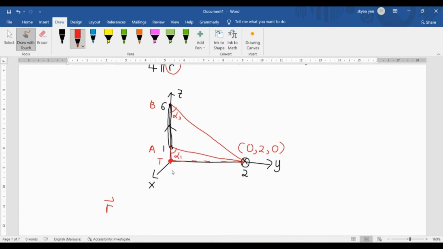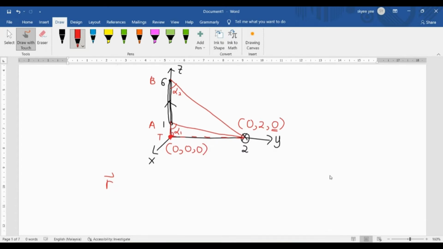The coordinate of point T follows the coordinate of the line, which has x 0, and y is also 0, and the z value you follow the z value of your observation point, which is 0. Then only you will get 90 degrees over here. I think I told you before how to determine the point T.